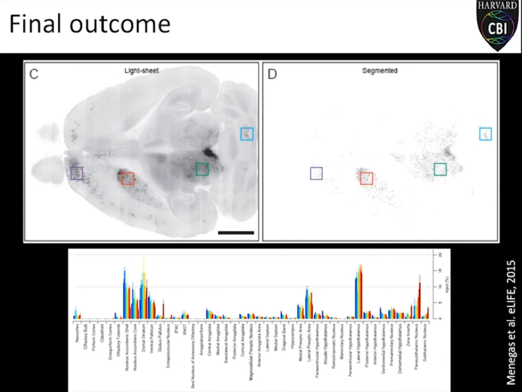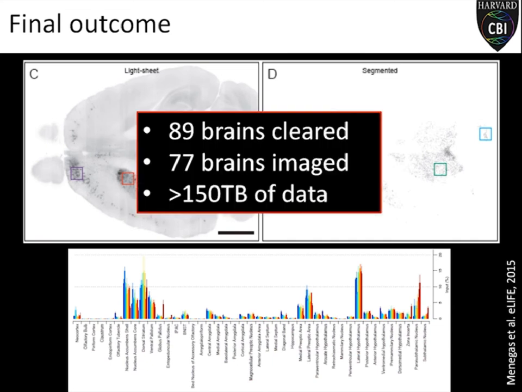So I think one of the most interesting things about this study, aside from the biology, is that they were able to take almost 100 brains that they cleared. And of those 89 brains, 77 of them were clear enough to image. So not every brain works out perfectly through this process. And this represented a little over 150 terabytes of data.